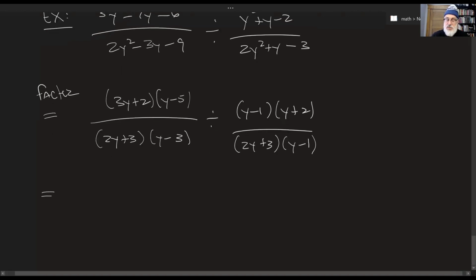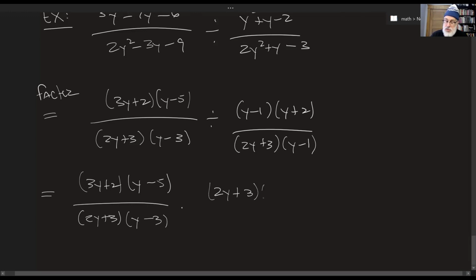Meaning I can't cancel this and this if they were the same. I couldn't do that, not in division. So write the reciprocal multiplication first and then cancel. Of course, when you factor the right and left, you can always immediately start writing it as reciprocal multiplication to save yourself a minute.